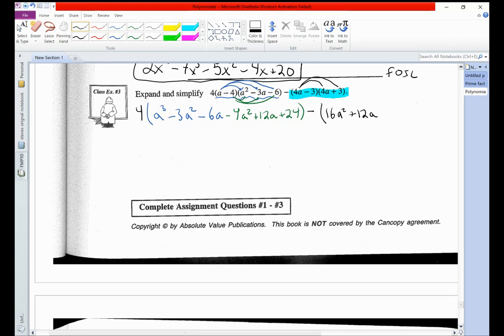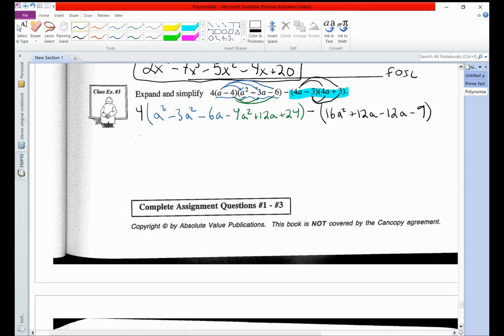And then negative 3 multiplied by 4a, those are the inside terms, is negative 12a. And then negative 3 multiplied by positive 3, the last terms in each bracket, gives us a negative 9. Okay, let's start adding like terms together within the brackets.